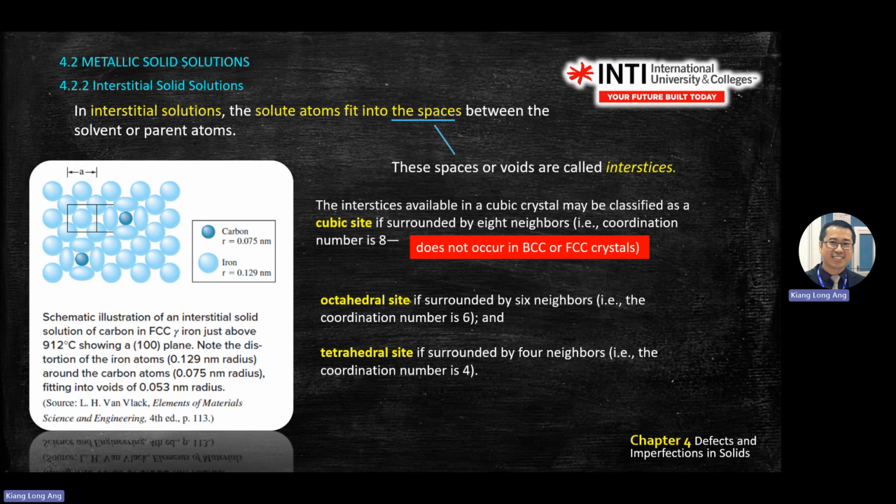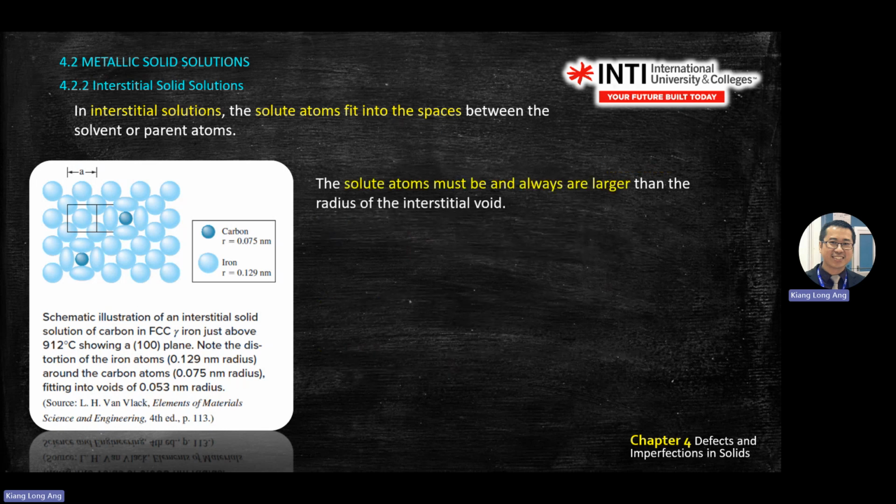If you're octahedral, you have 6. If it's touching 6, then it's octahedral. If it's touching 8, then it's cubic. If it's touching 4, then it's tetrahedral. There are 3 names that you need to memorize from the coordination number: tetrahedral, octahedral, and cubic.